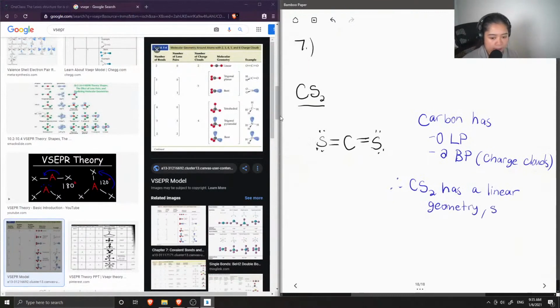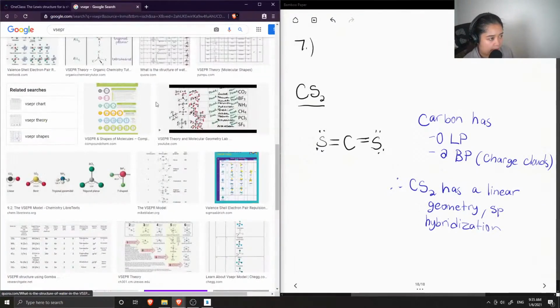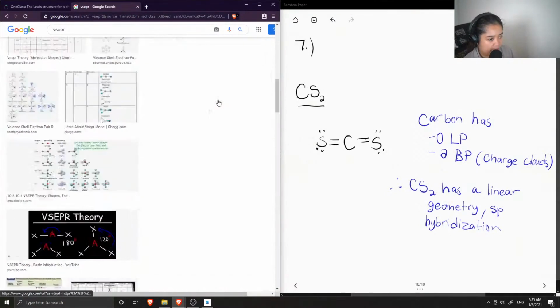And it also has sp hybridization. I can show that with another table that might show everything.